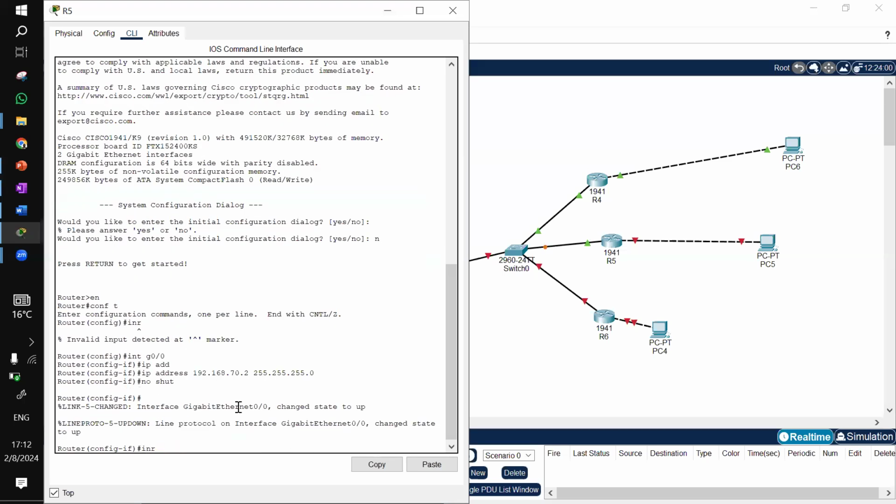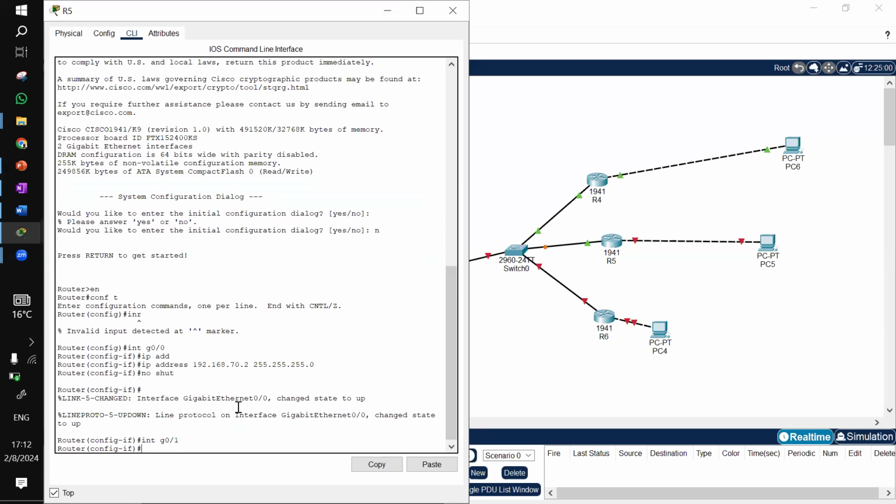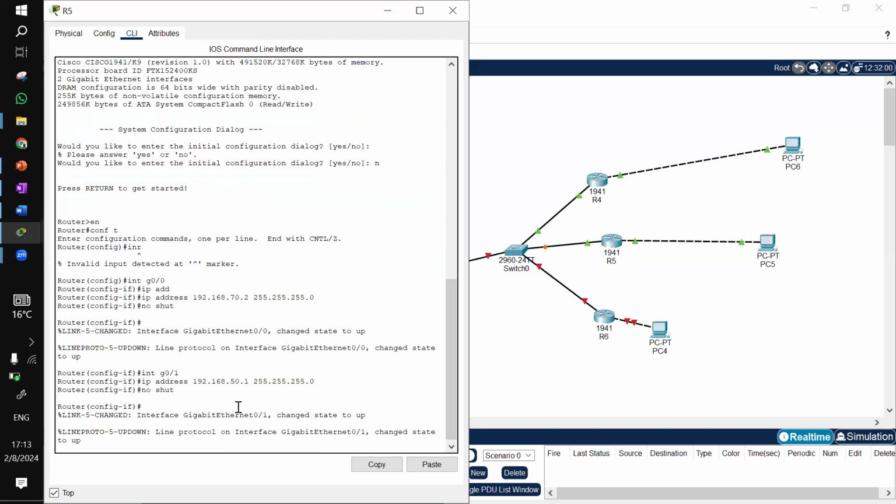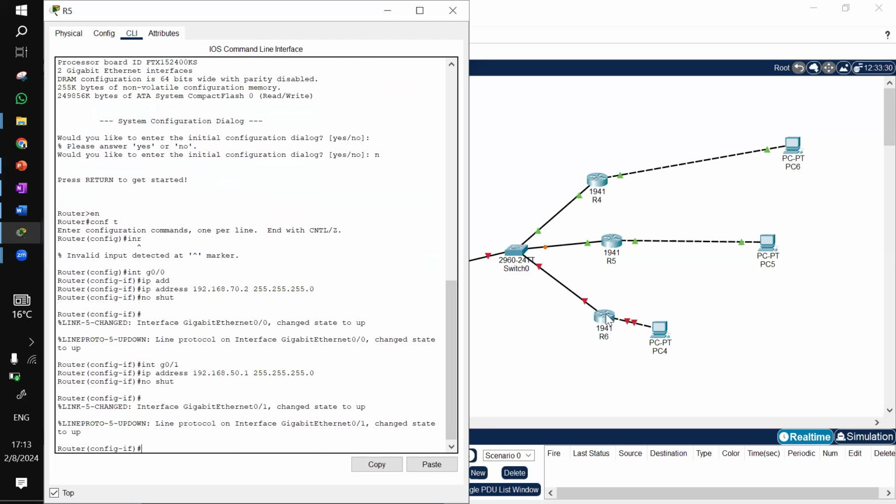The other one is 0/1. The router is router number 5, so it becomes 50.1, 255.255.255.0, no shut. That one is done.